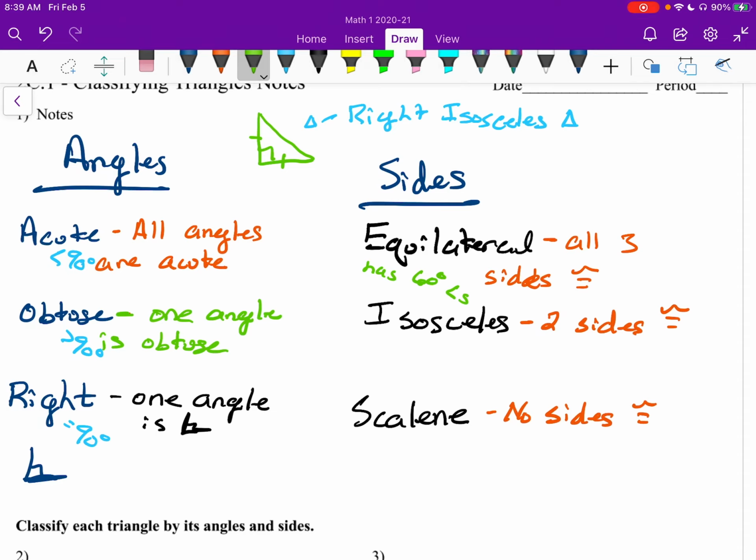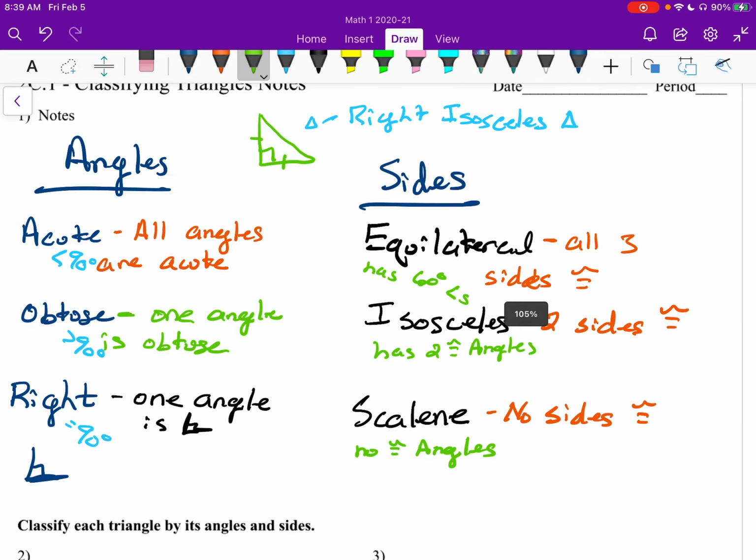It also has two congruent angles. Equilateral, all three are congruent. And then scalene, we could say no congruent angles. We won't need those for our homework today, but that's just some neat factoids about them.